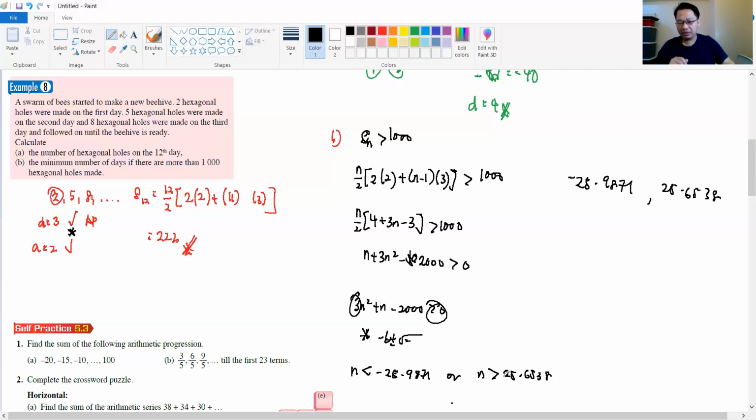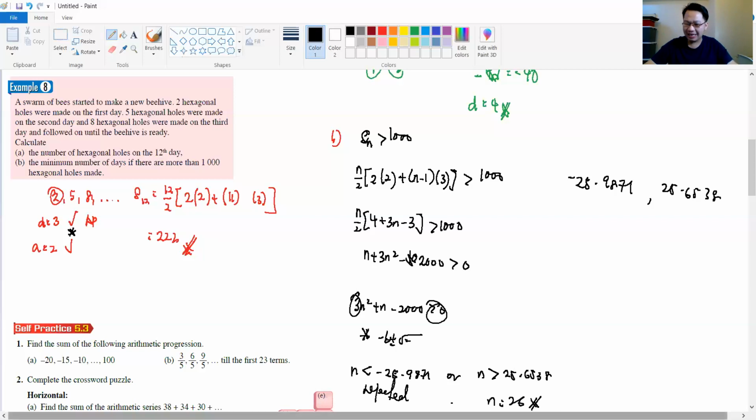So n more than 25.6538, and the negative one is rejected. n must be a positive number, and it cannot be a decimal, so you need to round up so that it becomes 26. That means the bees need 26 days to make 1000 holes from the start. Until 26 days, 1000 holes will be made by the bees.